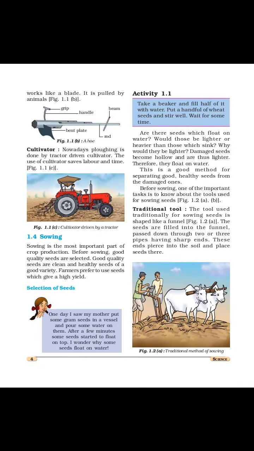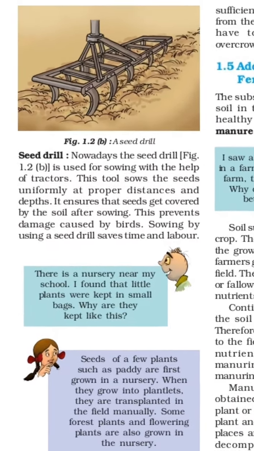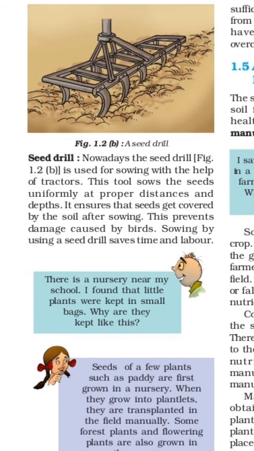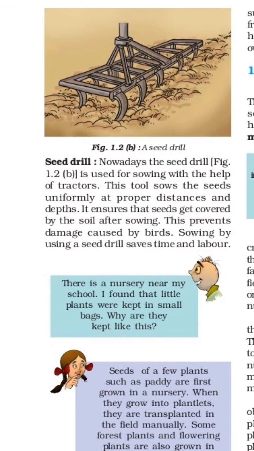The next one, seed drill. Nowadays, the seed drill is used for sowing with the help of tractors. It is drawn with the help of the tractor, and this tool sows the seeds uniformly at proper distances and depth.